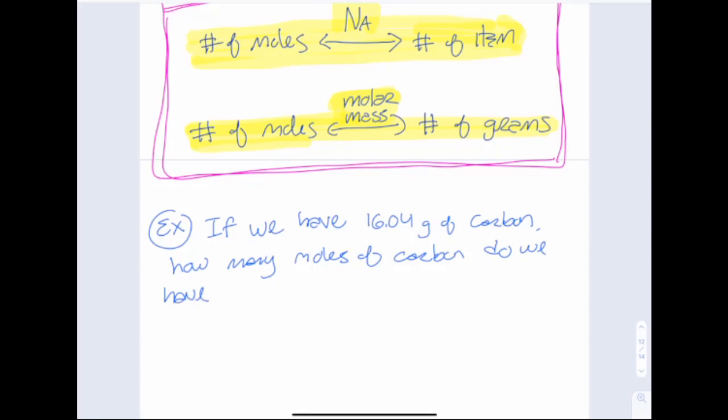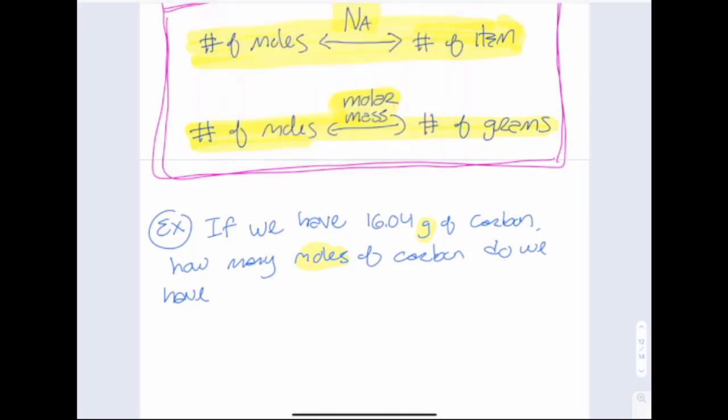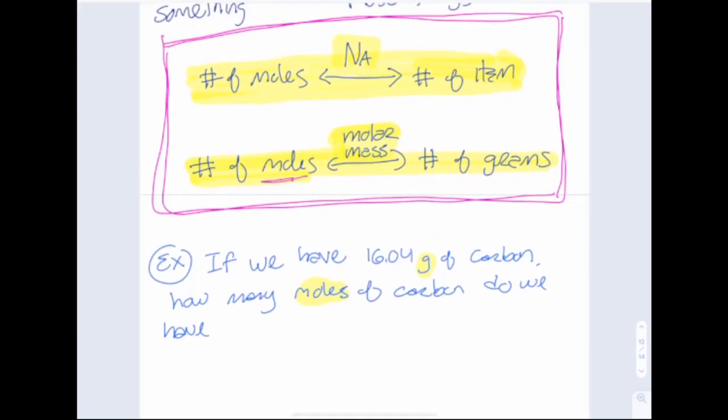In this problem, I'm converting between grams and moles. We're given the mass, we want moles, and if we go back up to the two conversion factors I wrote, if I want to go between moles and grams, I'm going to use the molar mass. Every time we're going between moles and grams, I'm going to use molar mass.